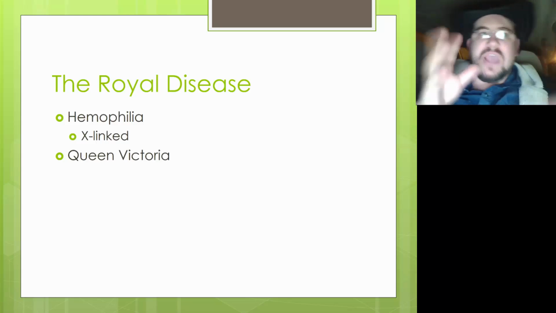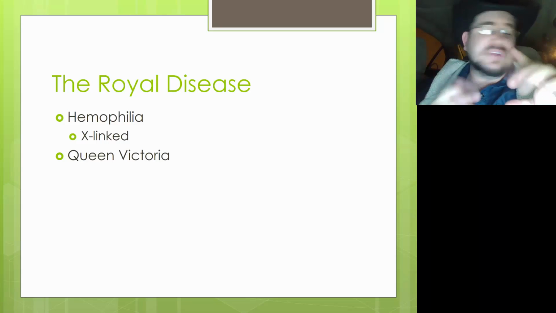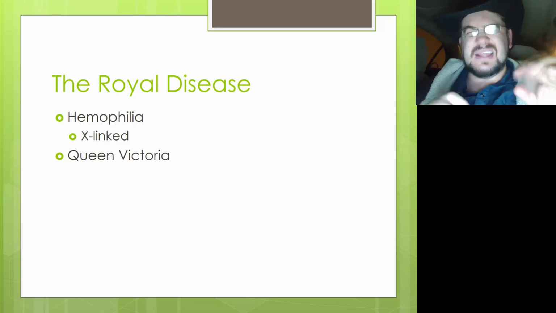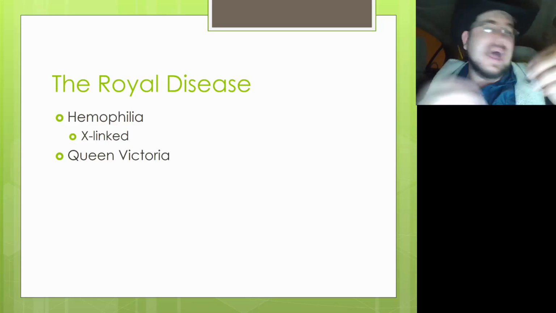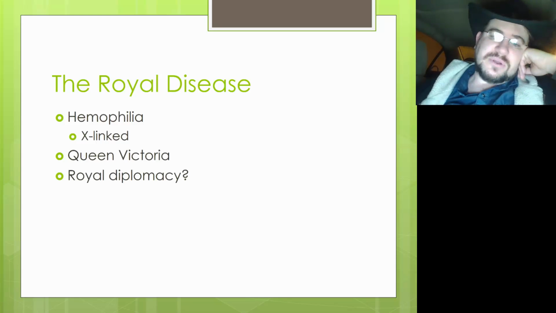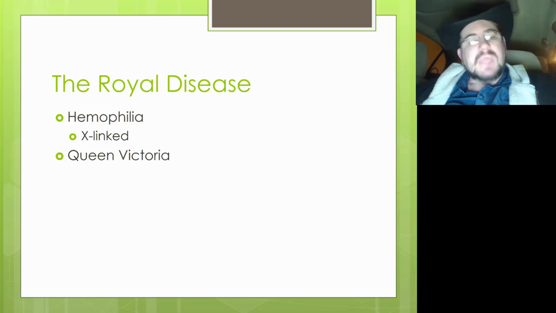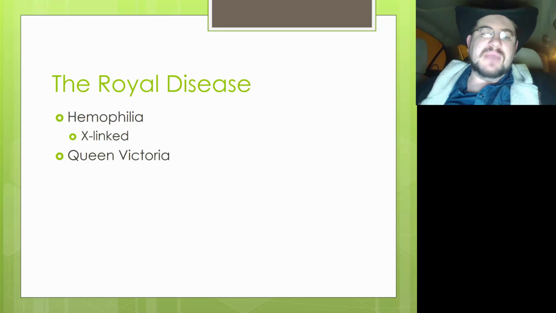There can be variation in how much you express hemophilia, because women have another thing going on with their X chromosomes, which we'll get into. So anyway, all her sons had hemophilia, which sucked quite a bit.